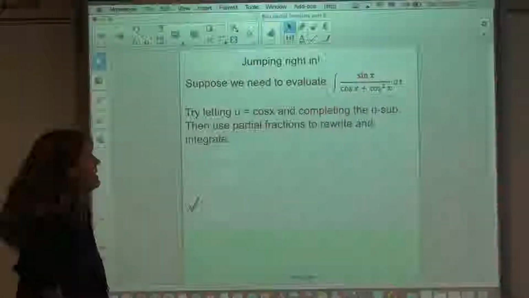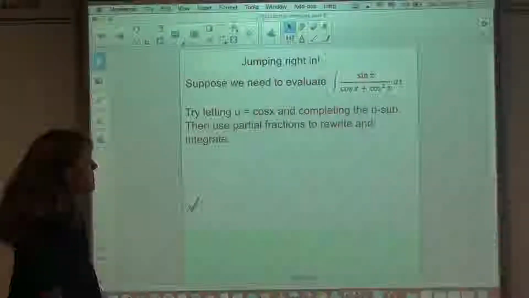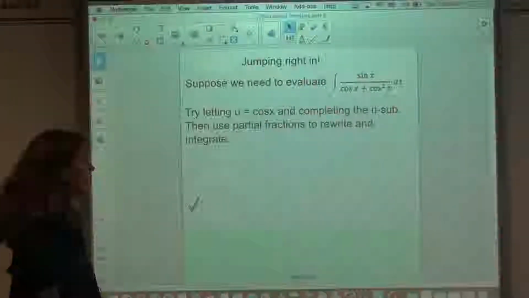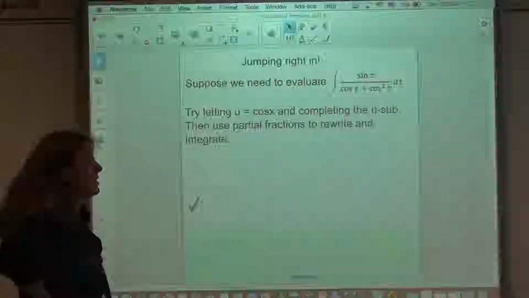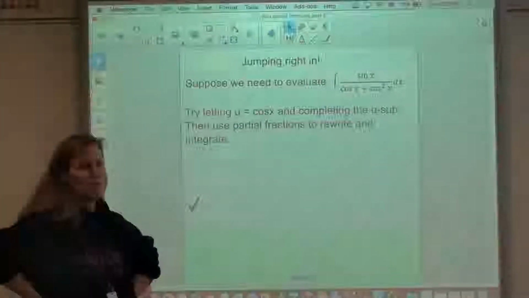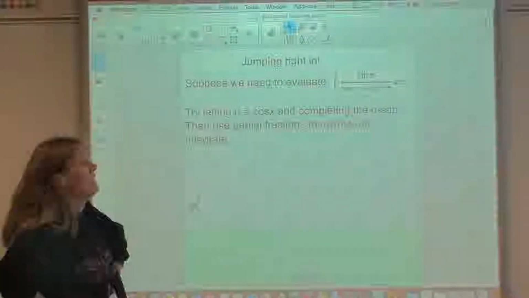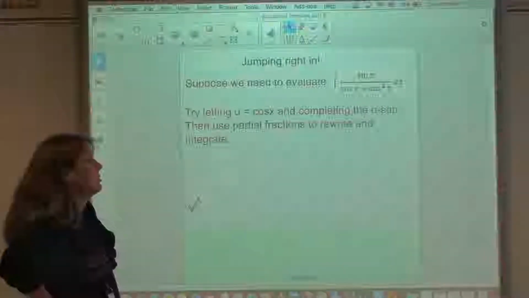You look at it and you think, I'm just not sure what to do. You could maybe replace the cosine squared with a power reduction identity or something, but does that really help me? No. What to do?